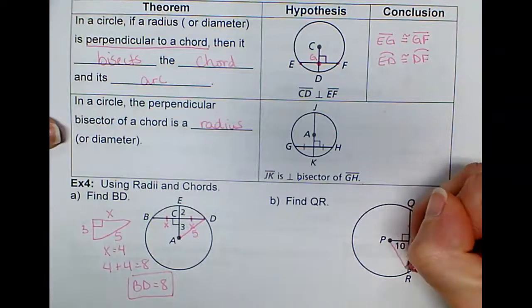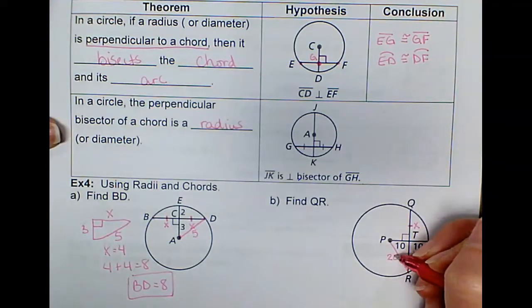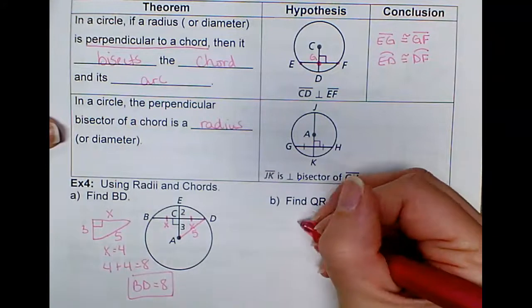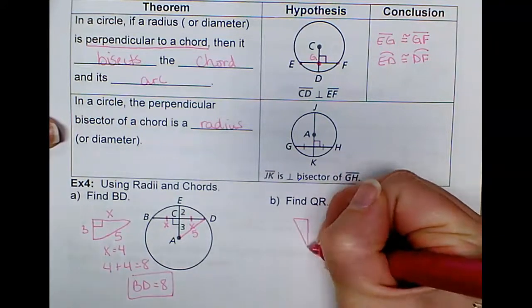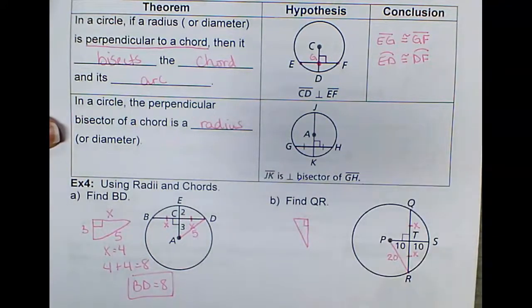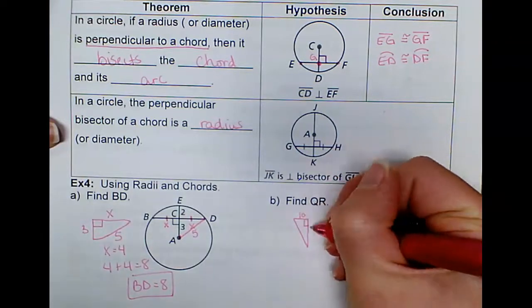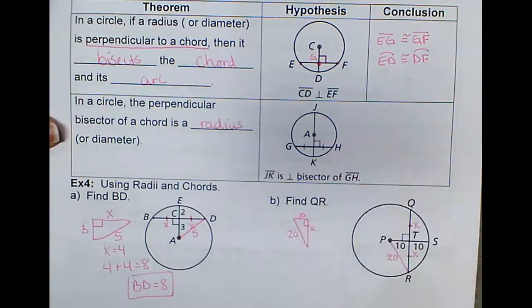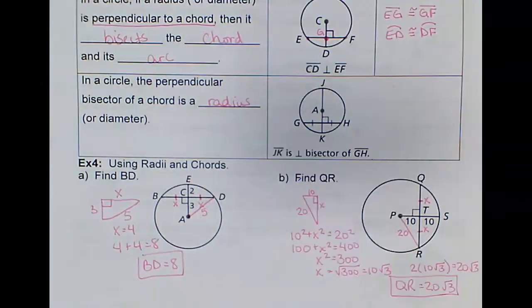And that means I could also draw it here and get a length of 20. So again, I have this right angle, creating a right triangle with sides of 10 and x and 20. And I could use my Pythagorean theorem to try to calculate this missing side. So I'm going to pause the video, and I'd like for you to finish working out the problem.